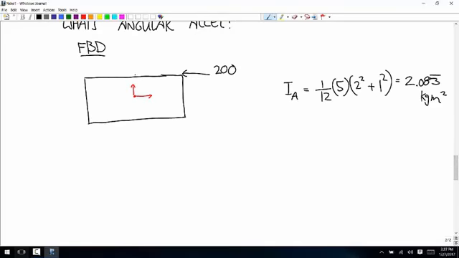Okay, so the only thing that could produce a moment here is this 200 Newton force. But notice that if you draw a line from the axis, so this is the axis here, right? If you draw a line from the axis to where the force is applied, it's not perpendicular to the force. So that's not going to work.